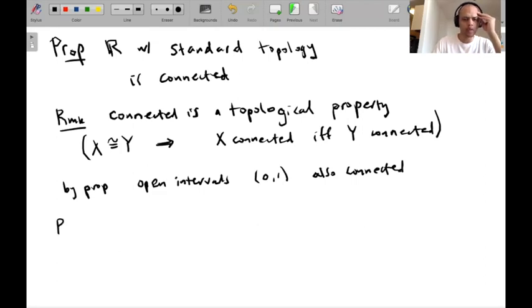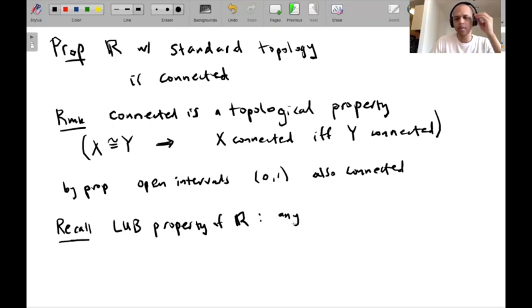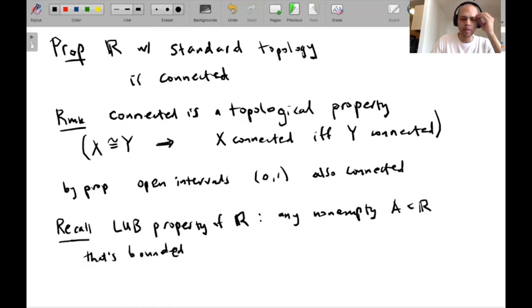Recall from last time the least upper bound property of R, which says that any non-empty subset A in R that's bounded above has a least upper bound.